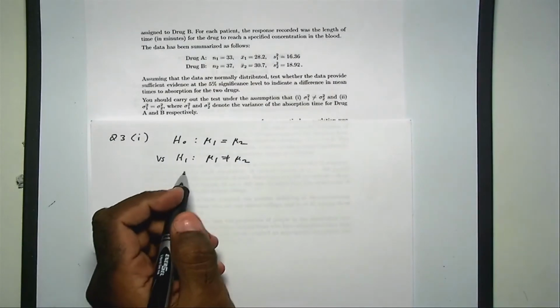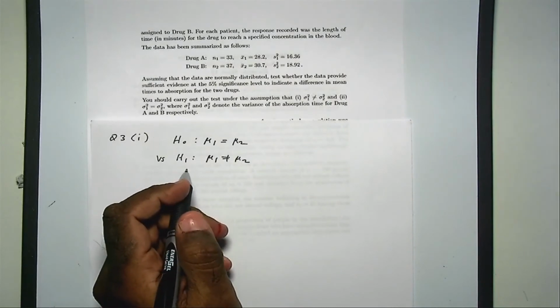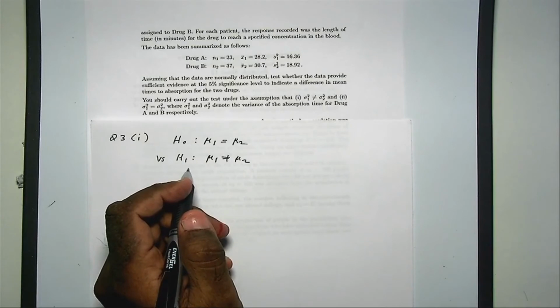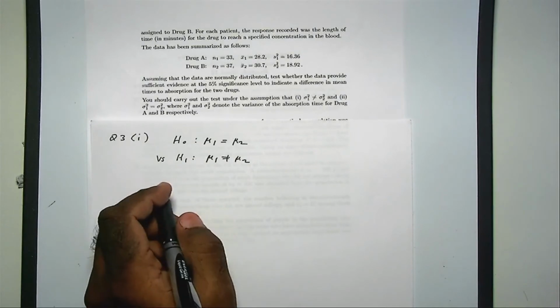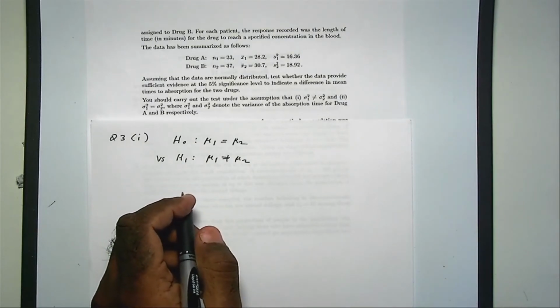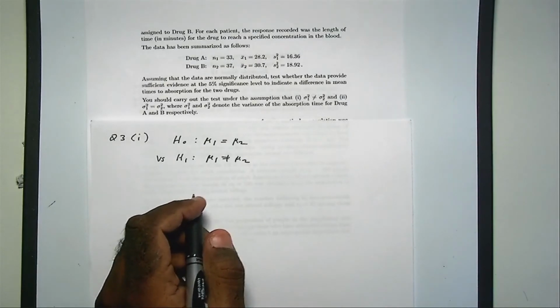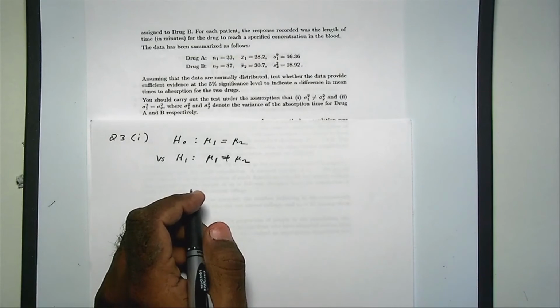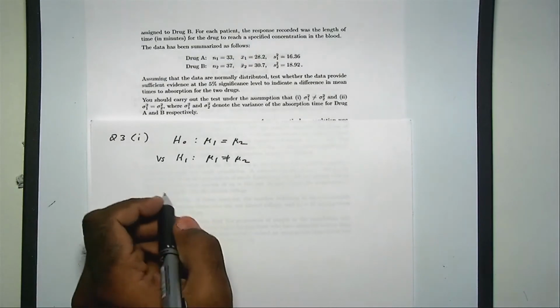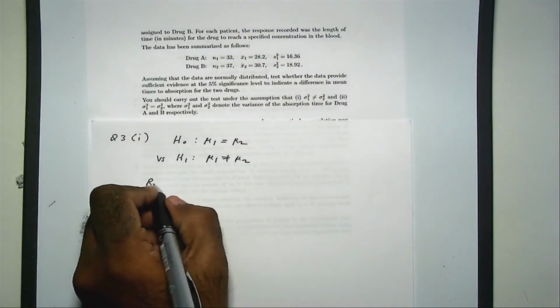If you look at the video on the two sample test, you will see the rejection rule, right? Which involves sample variances, right? In fact, it is the following.